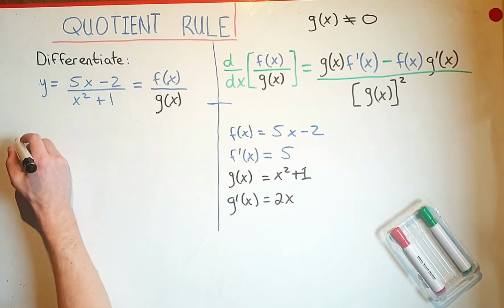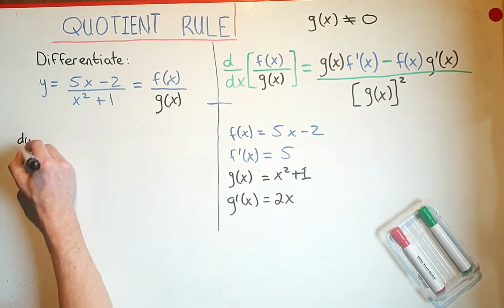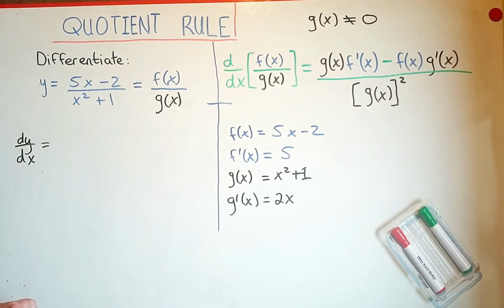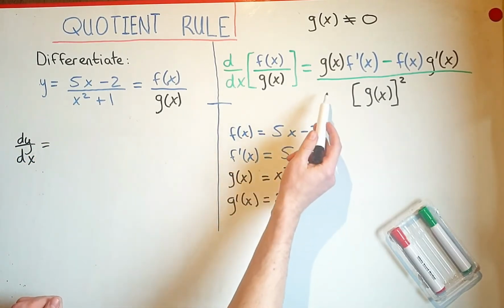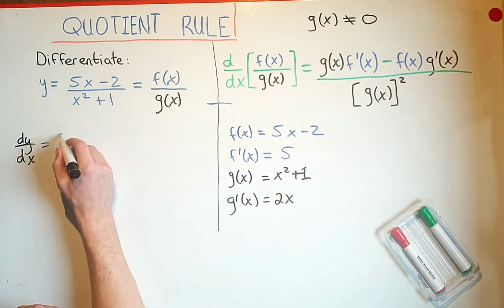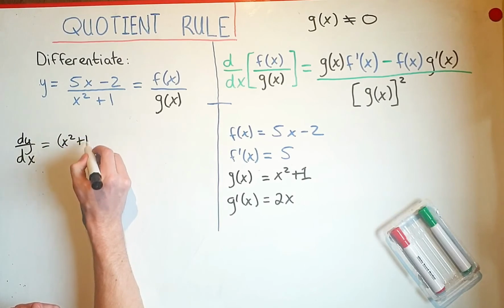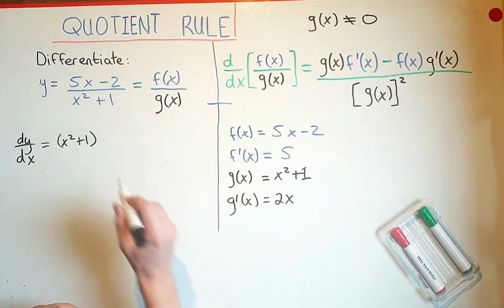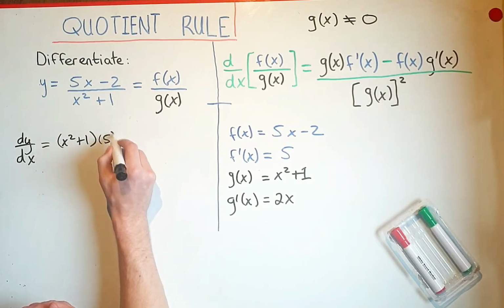So we're going to do that over here. We're going to have our dy/dx. So this function differentiated is going to be, the first expression is g of x, and we know our g of x is x squared plus 1. That is in product with f prime of x, which we found to be 5.